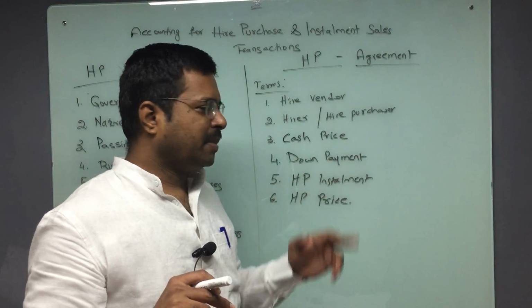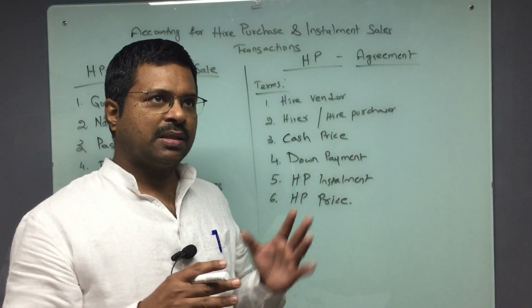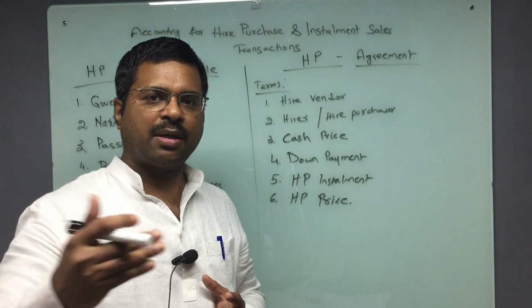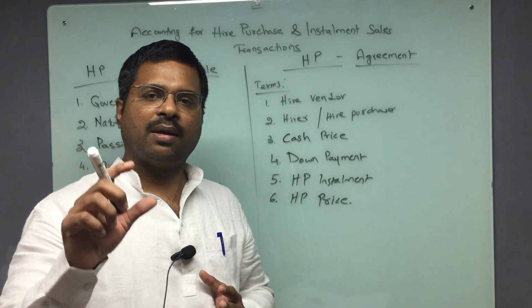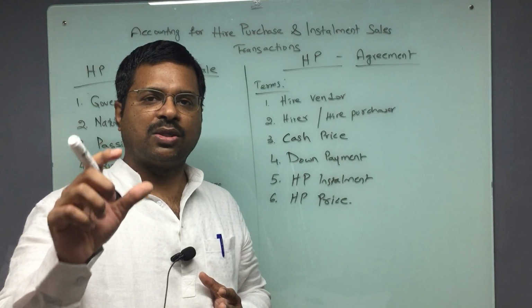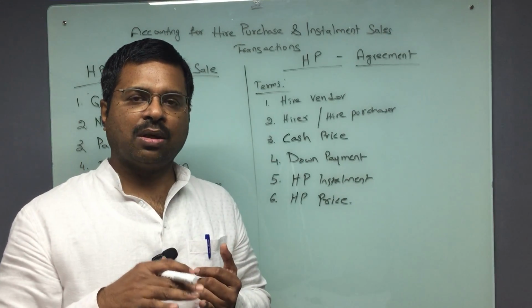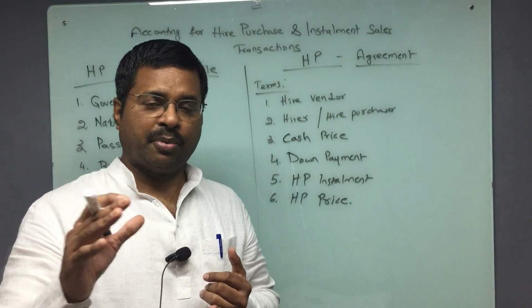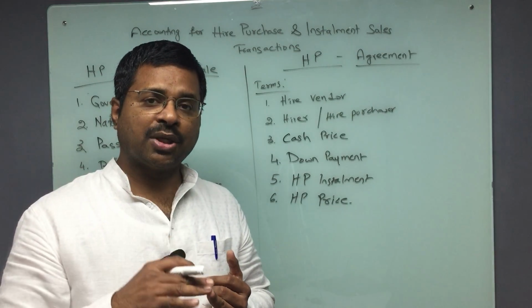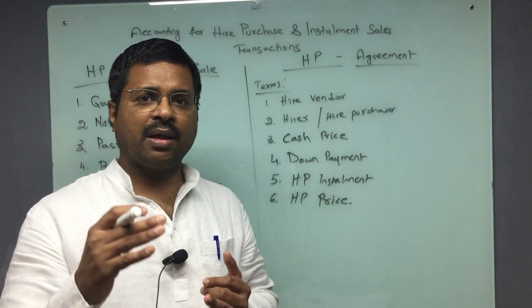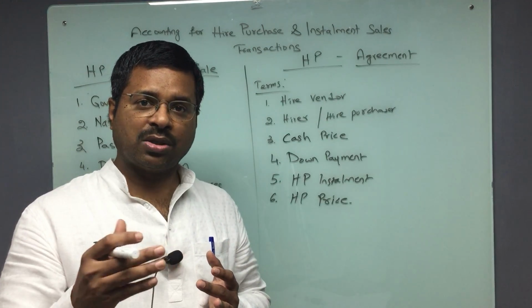Then coming to down payment. In case of hire purchase, when the product is sold on installment basis, the hire vendor decides a certain amount as down payment. This down payment will be decided based upon the product he is selling, the duration of the installments, all these criteria, and the risk of loss of the product.